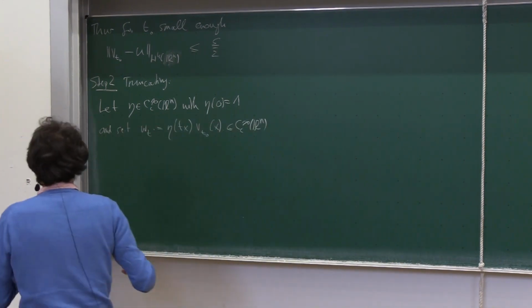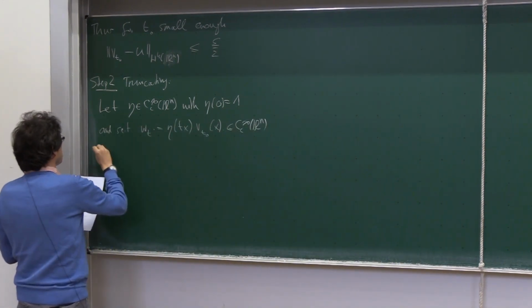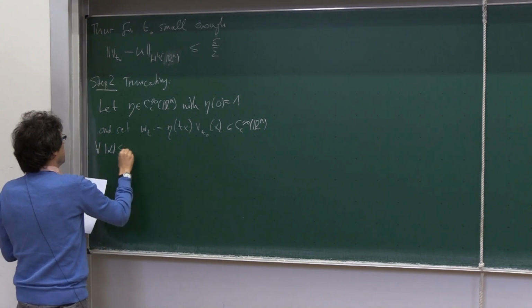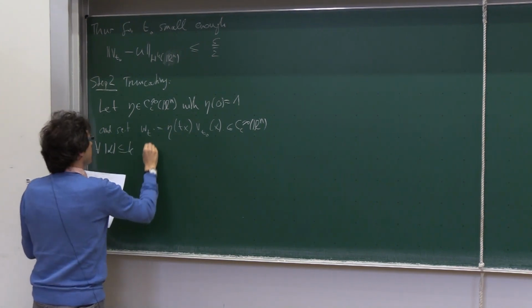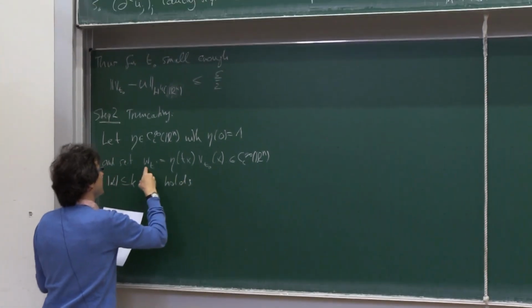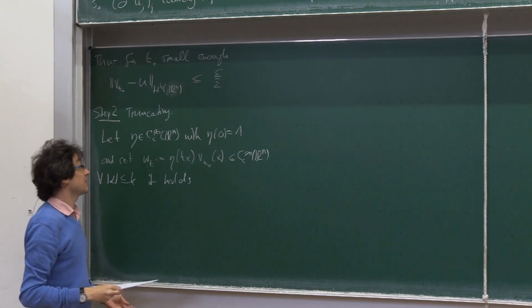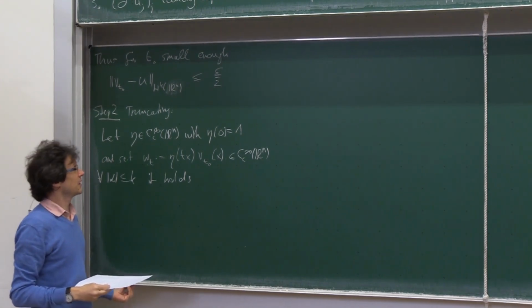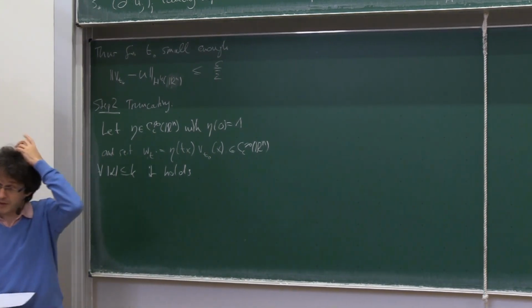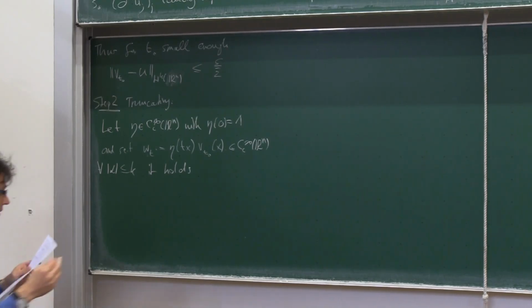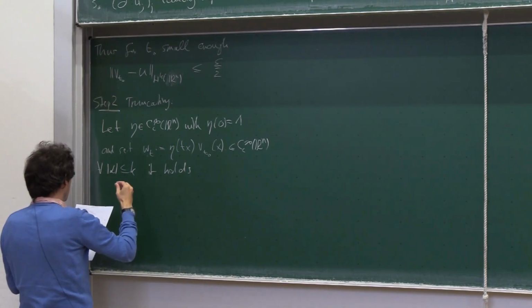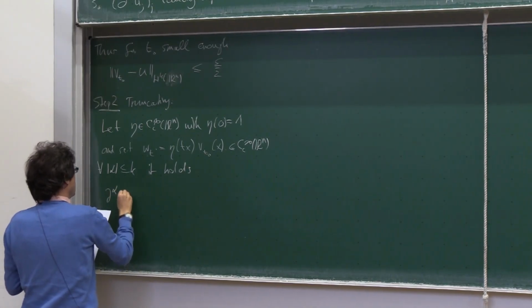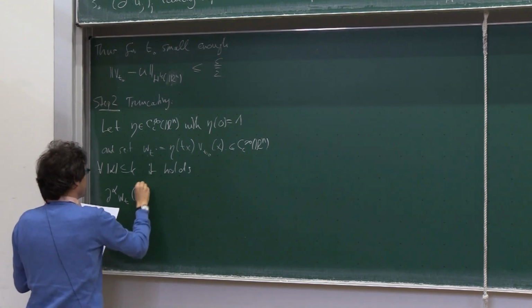So for all multi-indices less than k, now we have to show that every derivative of Wt in L2 goes to the corresponding derivative of u, for t going to 0. So let's look at the alpha derivative of Wt.